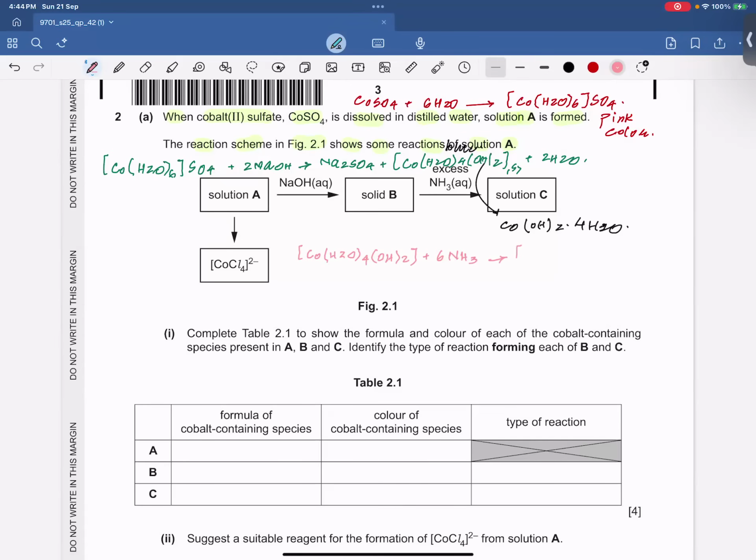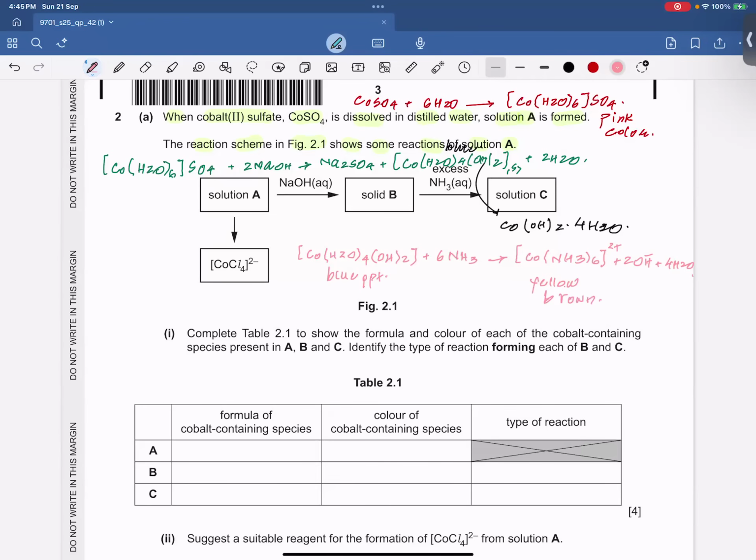Because of that, you will get a complex ion, and you will get a yellow-brown solution in this scenario.